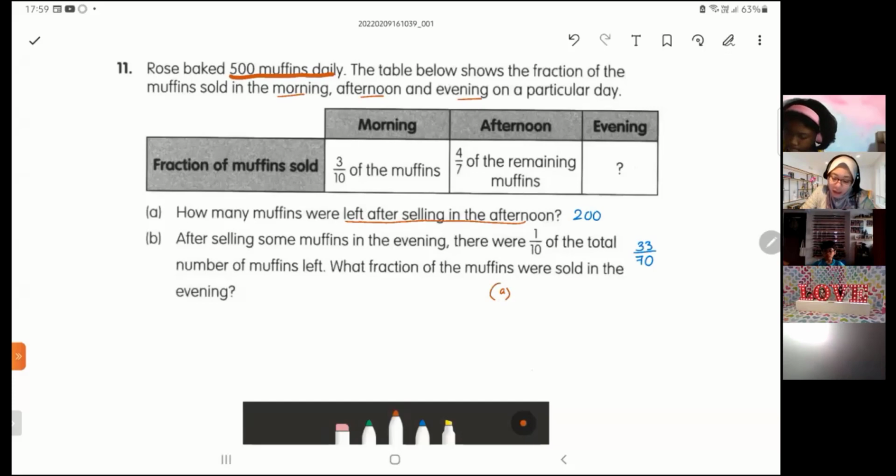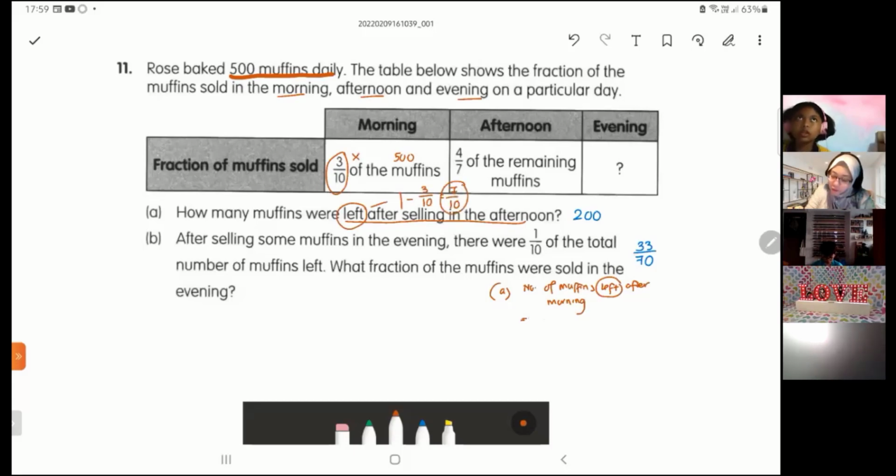So the muffins after you sold in the morning. Morning is 3/10 of the muffins, and of means times. Muffins means 500. So the number of muffins left after morning: you may want to take 3/10 times 500, or since I want to know what is left, 1 whole minus 3/10 equals 7/10.